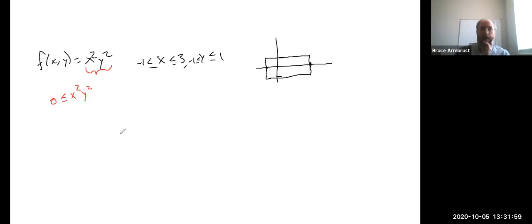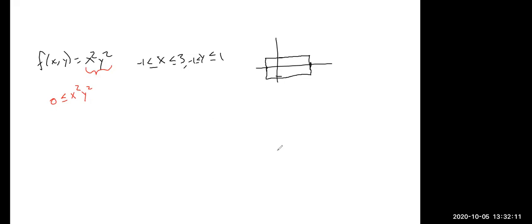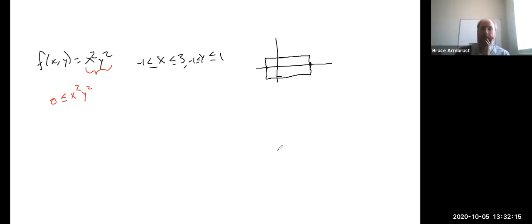So is it going to equal 0 somewhere in this region? Yeah, the answer to that is yes. In fact, lots of places. Anywhere x is 0 or anywhere y is 0.